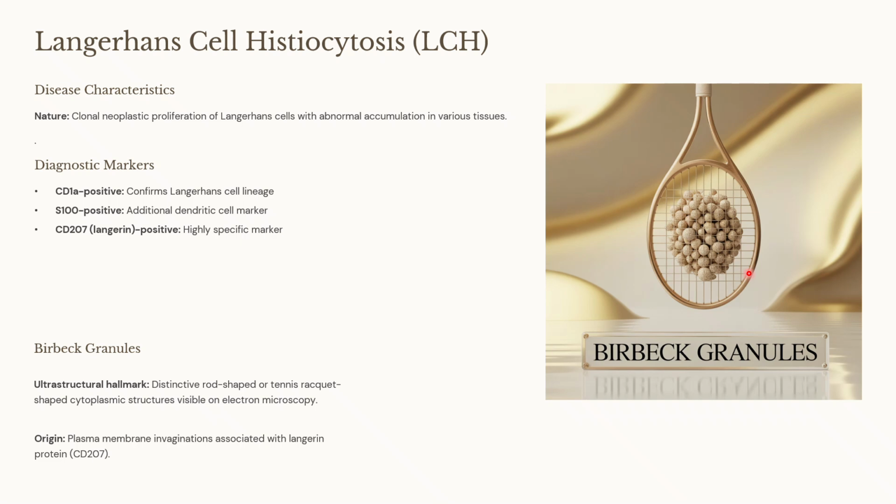Those are distinctive rod or tennis racket shaped cytoplasmic granules. So to remember, CD1A is more than just a marker. It is a functional molecule that helps bridge lipid immunity and the immune system, and also aids clinical diagnosis.